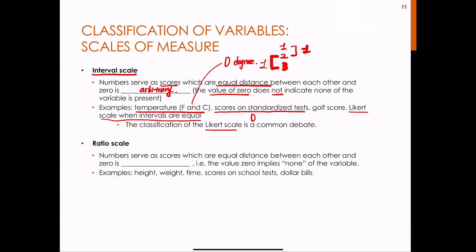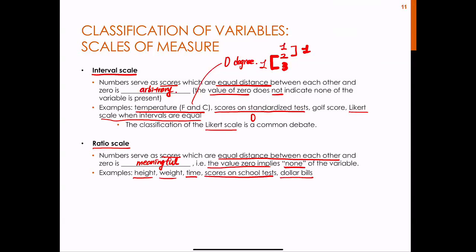And the last one is the ratio scale. This scale has numbers, and these numbers serve as a score which are equal distance from each other, and 0 is meaningful now. So the value 0 implies none of the variable. Examples of ratio scales are height, weight, time, scores on a school test, and dollar bills, something like that.